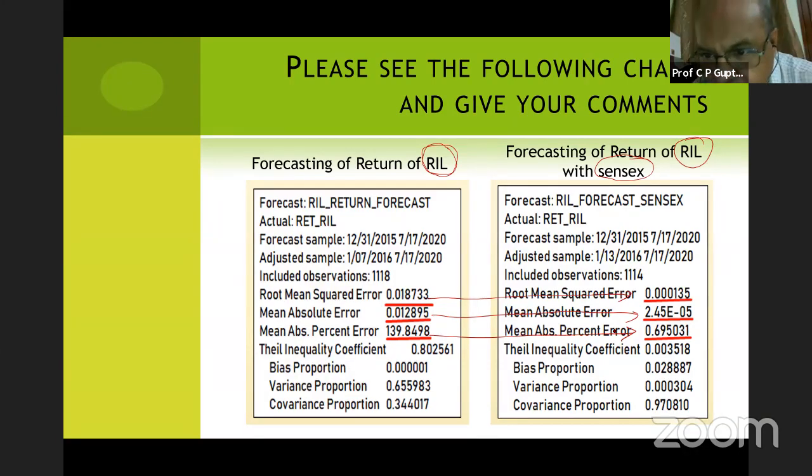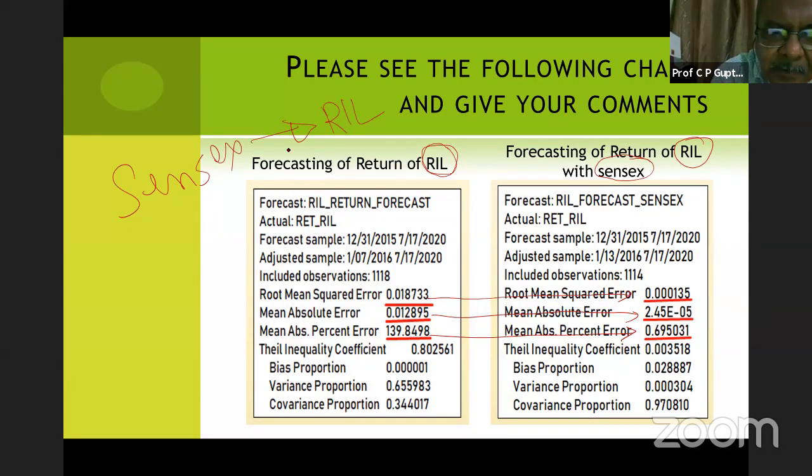So by including Sensex in the prediction of Reliance, if the prediction improves, then I will say Sensex Granger causes Reliance. Okay, so that is what I mean when I say that X will Granger cause Y if knowledge or information about X improves the forecast of Y.